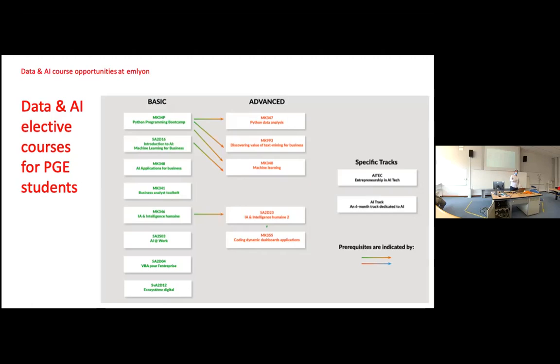Having a better look at machine learning, having a better look at how you analyze text with machine learning, but also with AI tools and stuff like that, going a bit deeper into Python and exploring a new kind of programming language like R, for example, which Guillaume is going to introduce to you, how to analyze data with that kind of tools. So all the courses are organized more or less the same way.